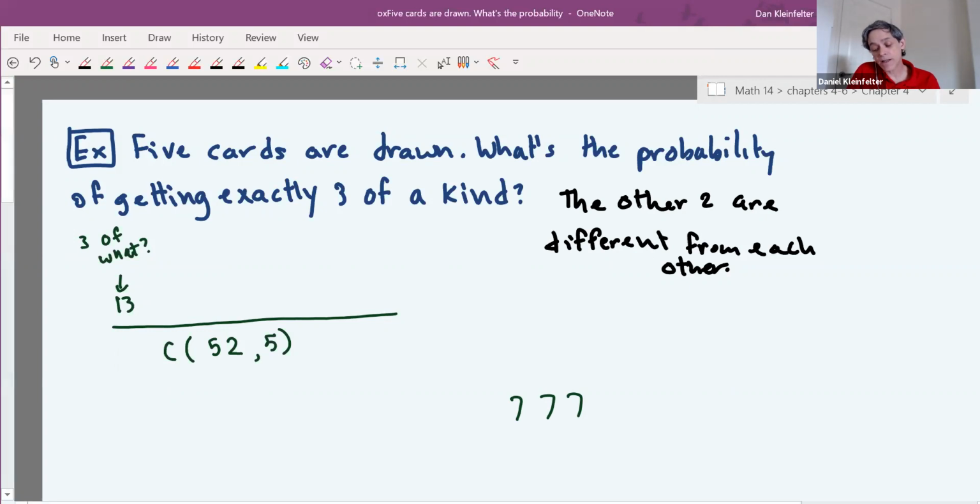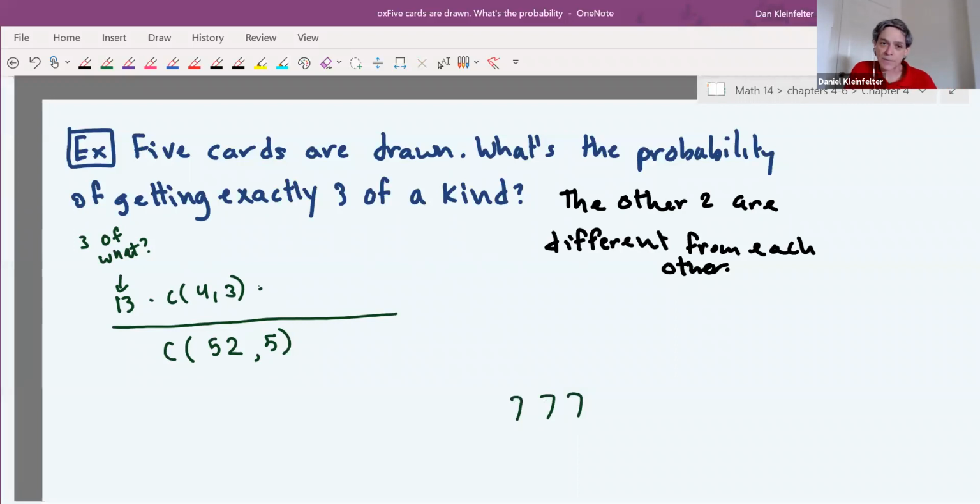We've determined that we're not going to count the 4 of a kind case here, so that means we can have only 3 sevens. Which 3 will we have? That sounds like combinations. Out of the 4 sevens, or whatever that triplet is, out of the 4 cards, we're going to pick 3 of those cards.